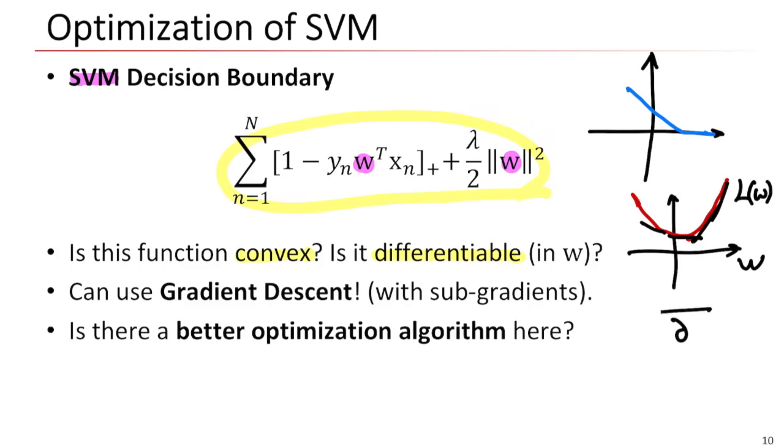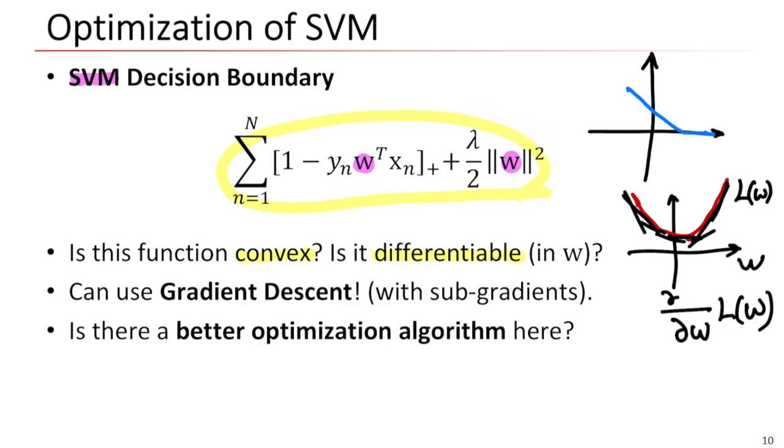In some cases, we need to find the derivative of this loss function L with respect to w. In this case, the derivative of L of w exists for whole w, right?